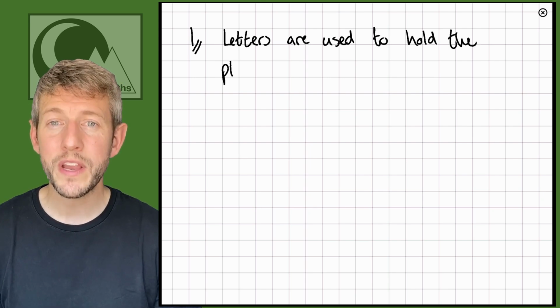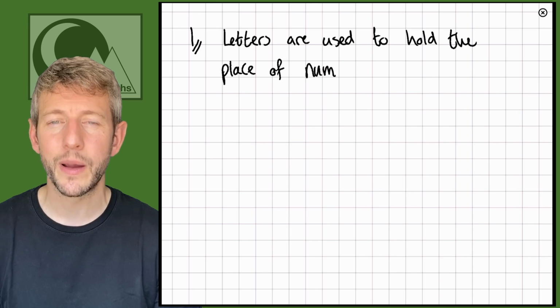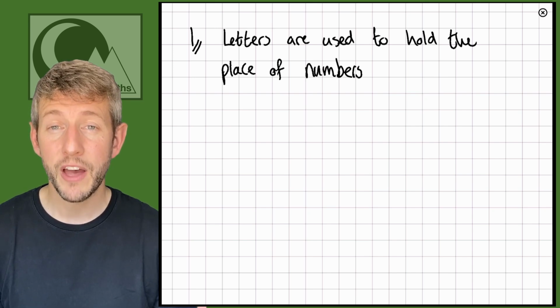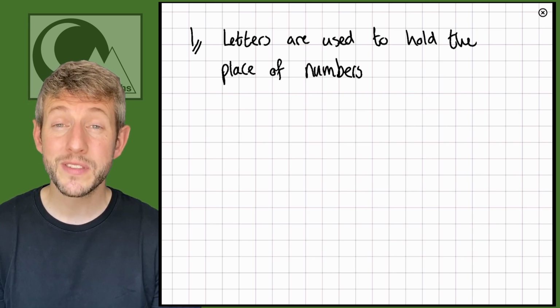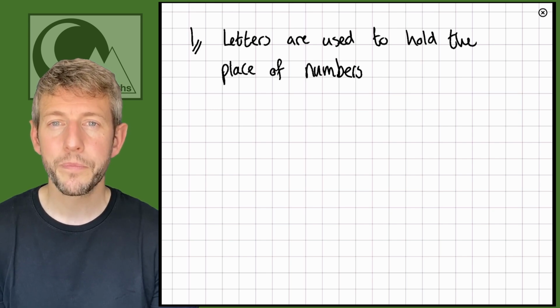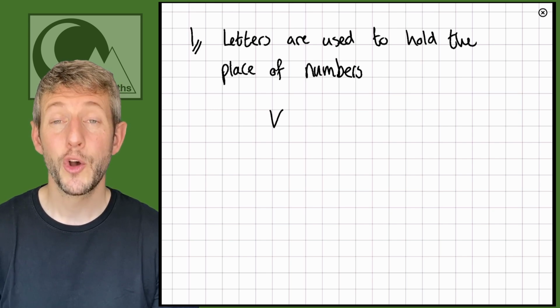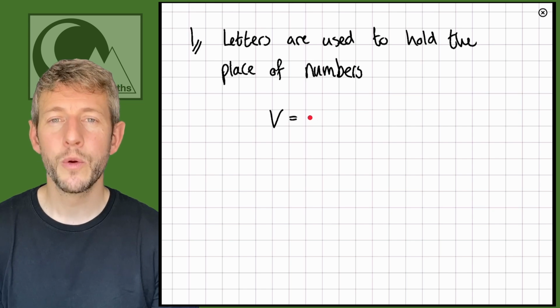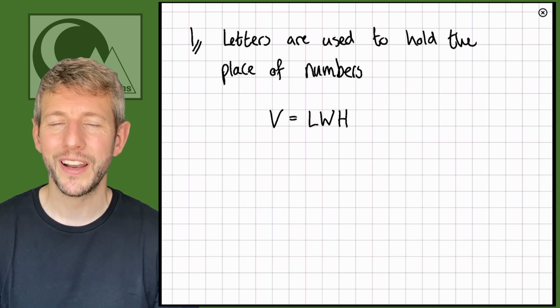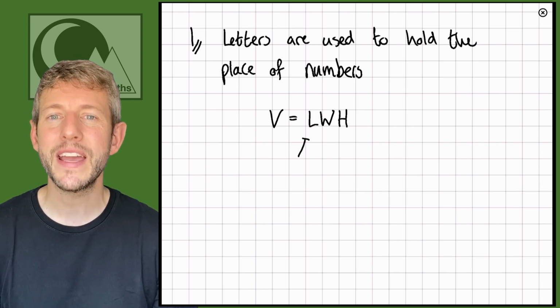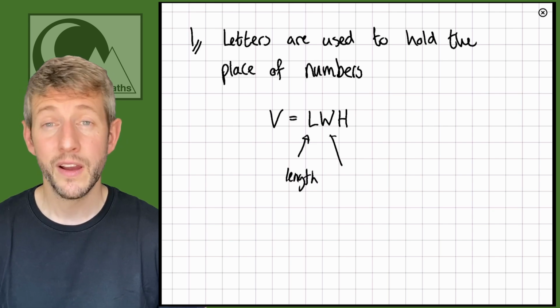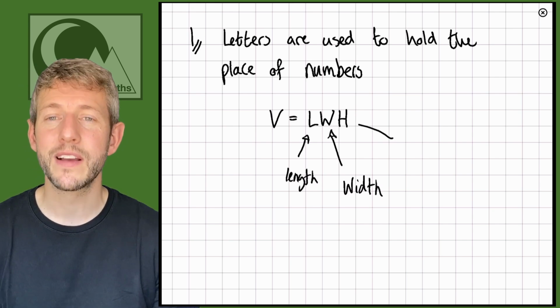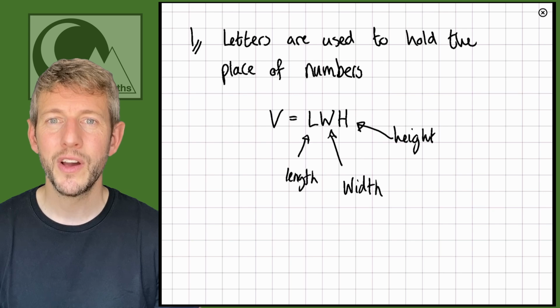When you see a formula, we're going to see a collection of letters written together, and each of those letters usually stands for something which can be replaced by a number. In this topic specifically, it's all about lengths. Each of the lengths, like the width, the height, the depth, can be replaced with a number.